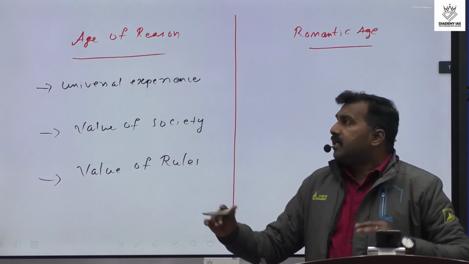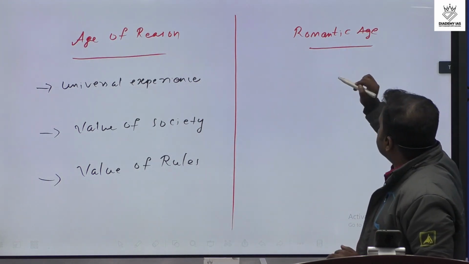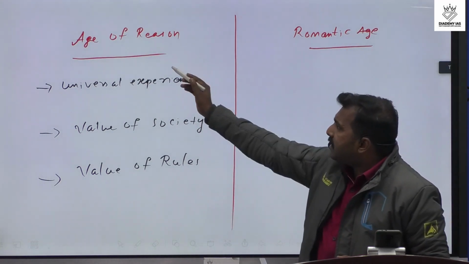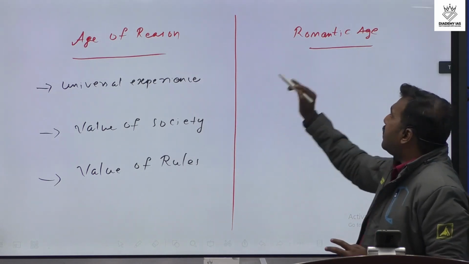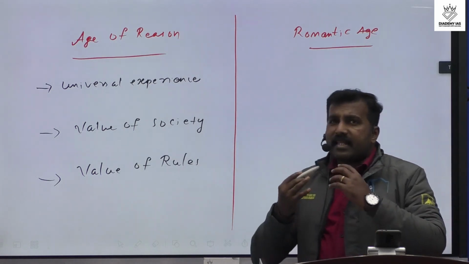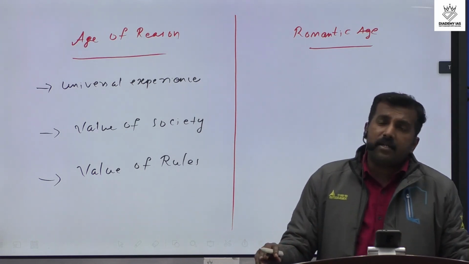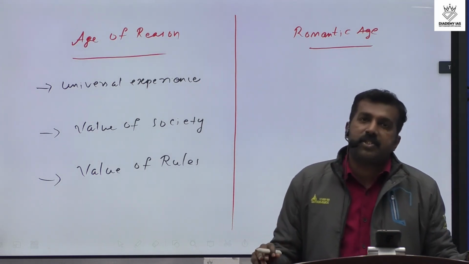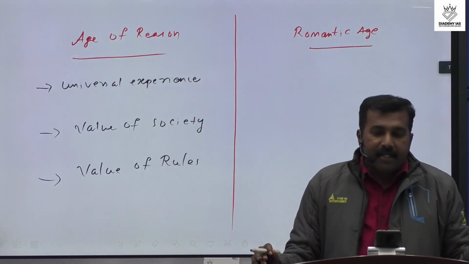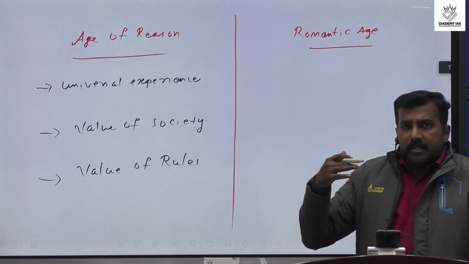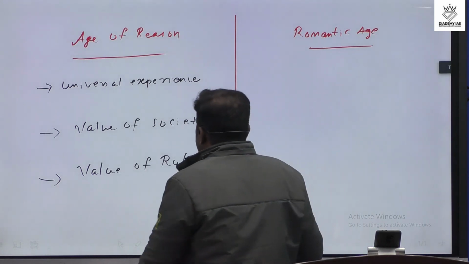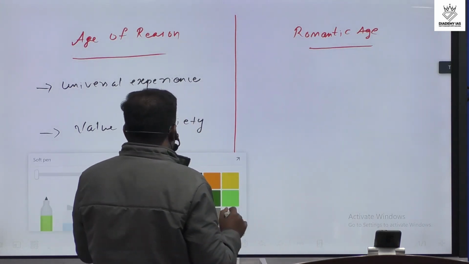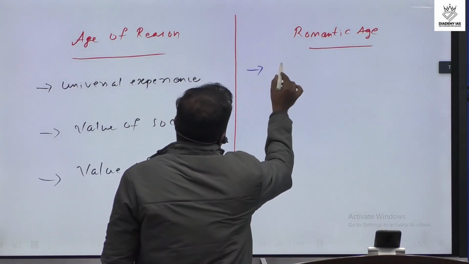And let's look into the Romantic age. So considering the Age of Reason, what are the peculiarities in the Romantic age, or of the writers in the Romantic age? Imagination. In the Romantic age, writers mainly focused on imagination.